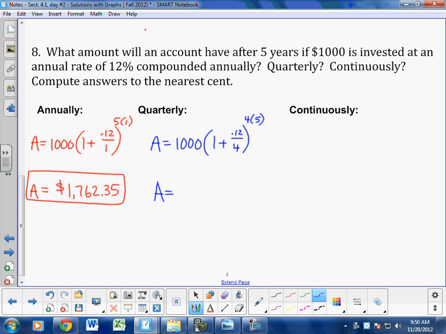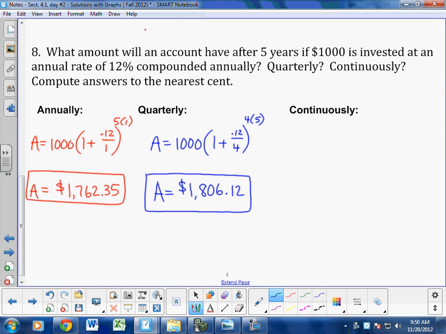Remember to do the parentheses first. Raise it to the 20th power. Take it times 1,000. 1,806.12. So far quarterly is better, right? About $44 difference.